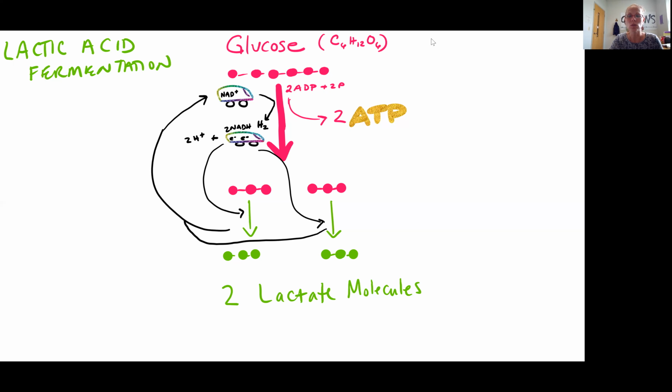In order to reduce those pyruvate molecules into lactic acid molecules, we will see that our NADH is going to bring those electrons to that process, and that's going to recycle our NAD+.